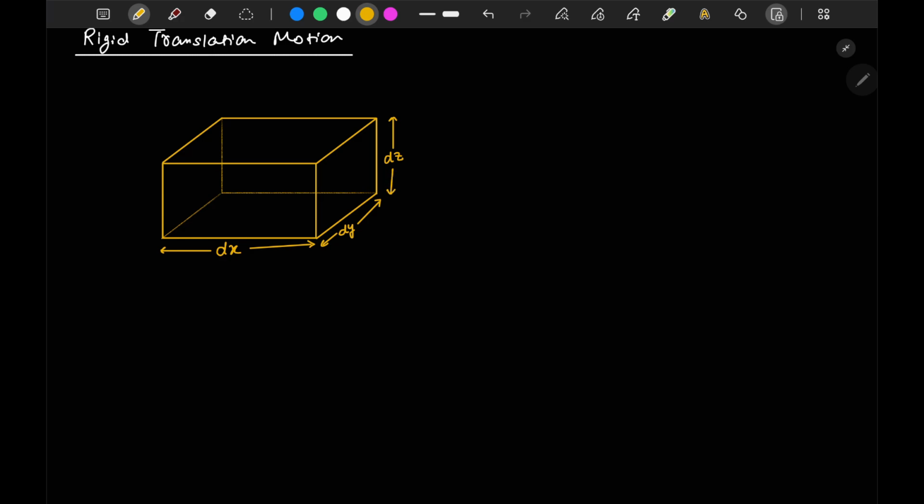So these are the dimensions of this rectangular element, and at the center of this element, let's say this is a point. At this point, your pressure is P, a function of x, y, z. And one more thing, let me mention your coordinate axis here. Your coordinate axis is like this.